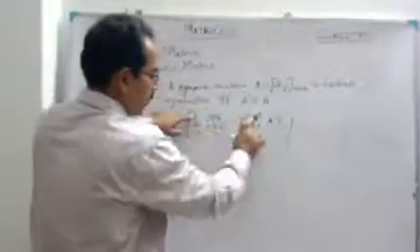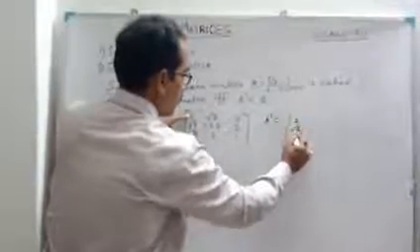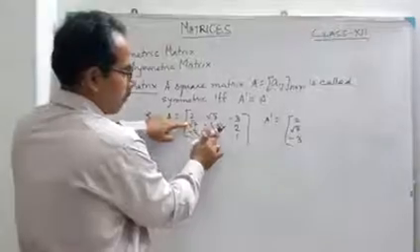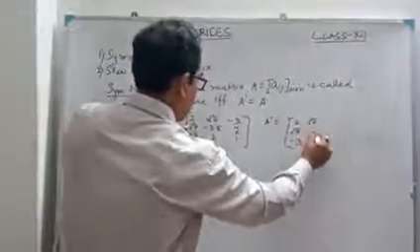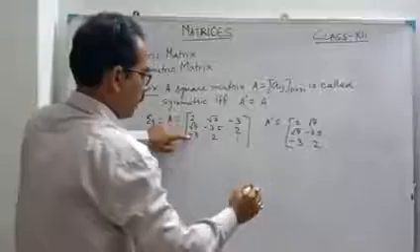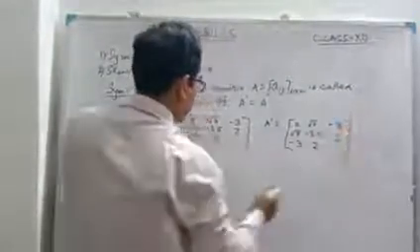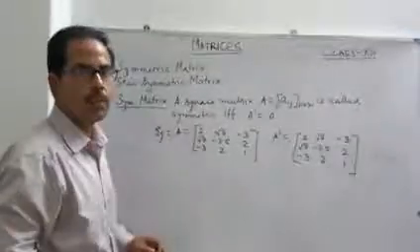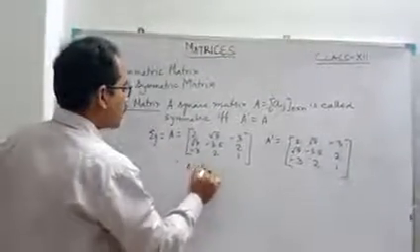So let us go with the rows: 2, root 7, minus 3; root 7, minus 3.5, 2; and minus 3, 2, 1. Now check it out. Is there any difference between A and A transpose? I hope not. So A equals A transpose.